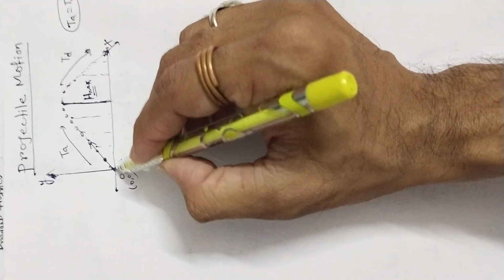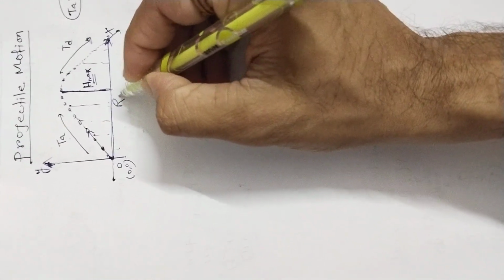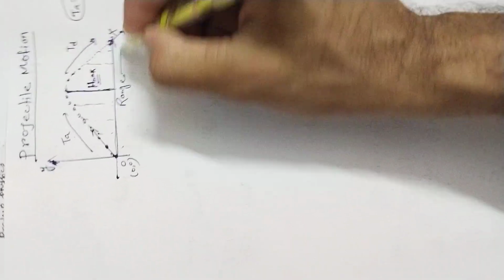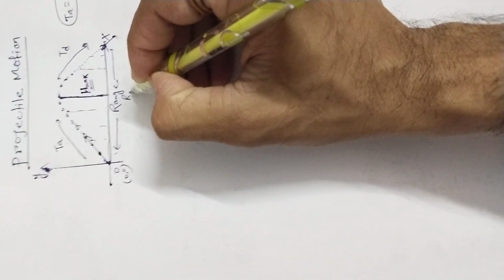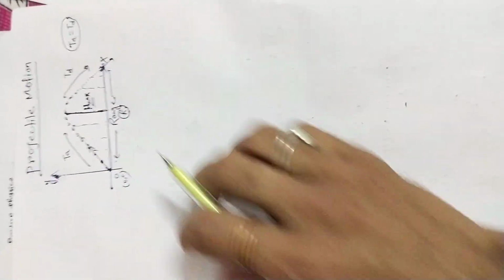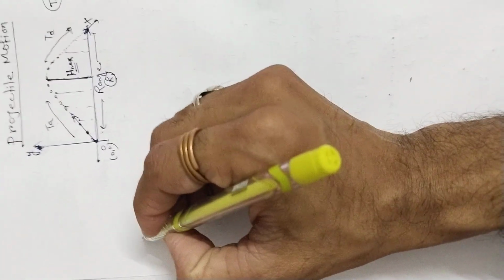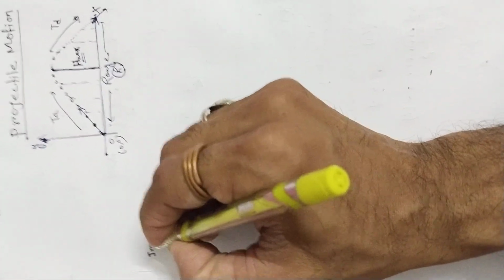And the distance the particle covers along the x-axis is called the range, that means R.